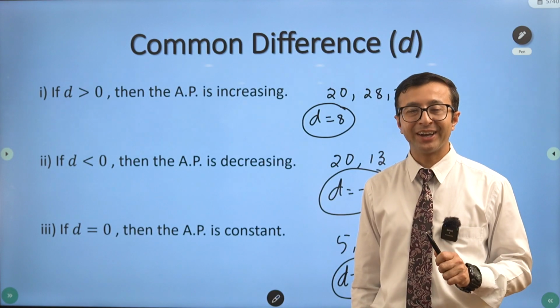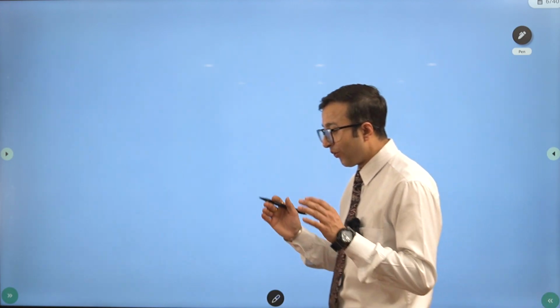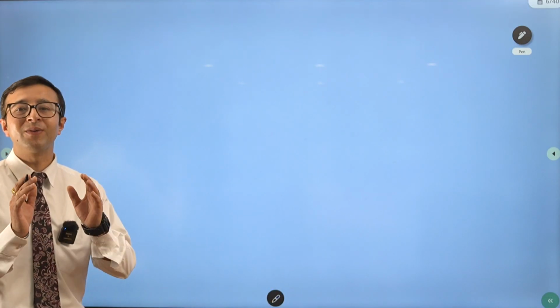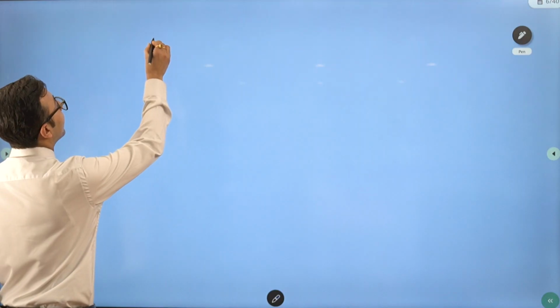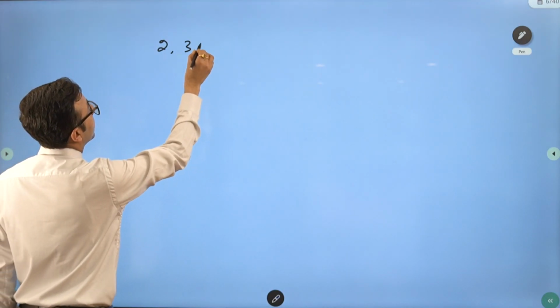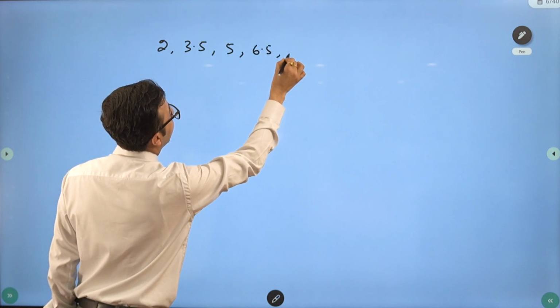You might be thinking that the common difference must be an integer, but that is wrong. To prove it, I will give another example to show that the common difference will not always be an integer. Say for example 2, 3.5, 5, 6.5 and so on.